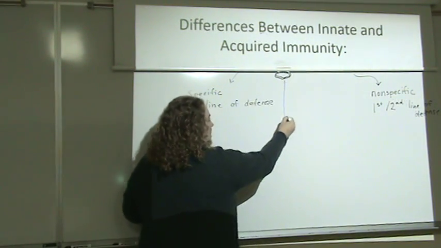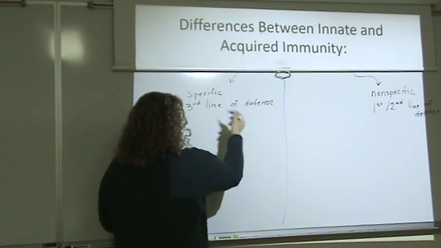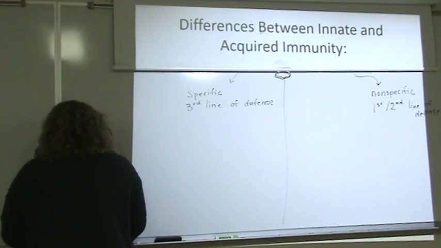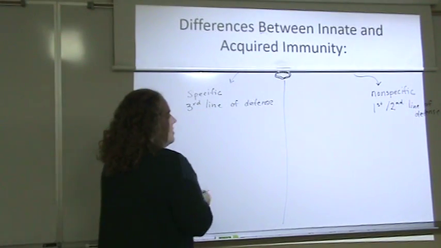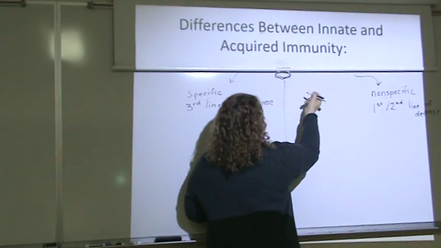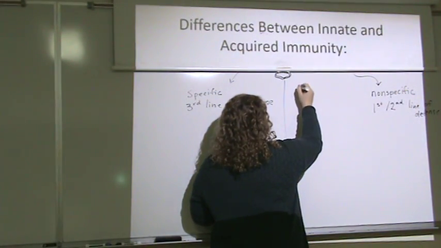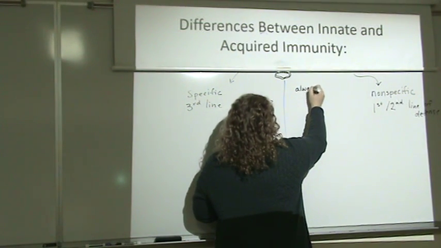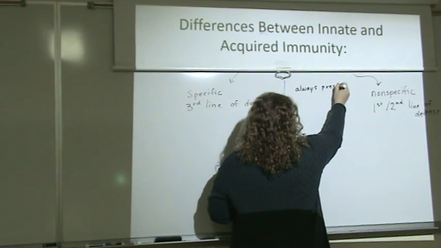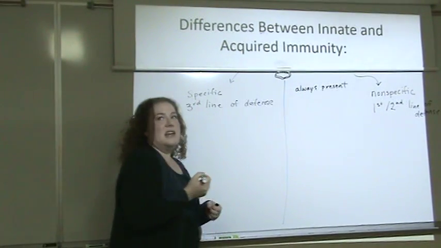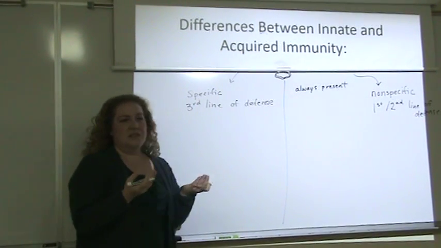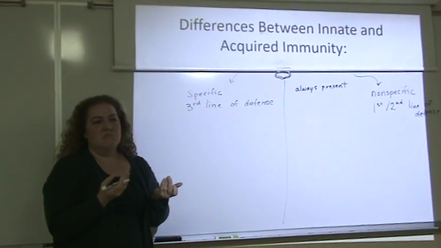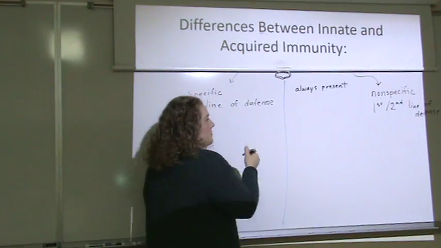So I'm going to draw a line down the middle, and this side goes with innate, this side with acquired. So your innate immune mechanisms, they are always present, and that's why they're called innate. Like you're basically born with these. So they're always present.